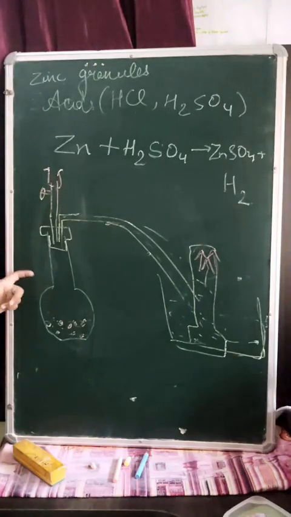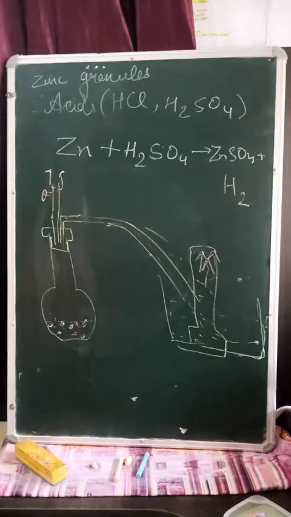Now there are two reasons for the collection of hydrogen by the downward displacement of water. One is that hydrogen is insoluble in water, and second is that if it is stored over air, hydrogen and air together will form an explosive mixture, which is very dangerous. That is why we collect hydrogen by downward displacement of water.